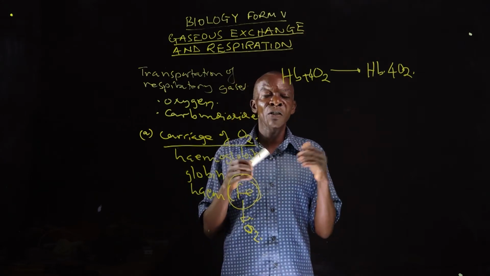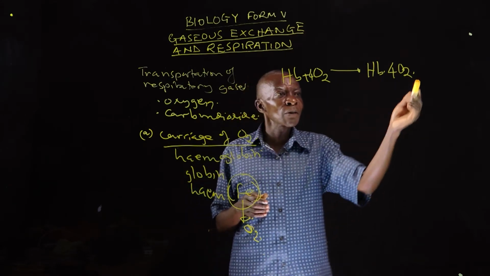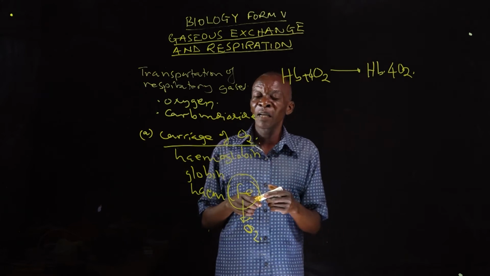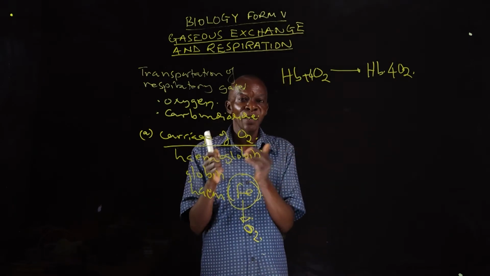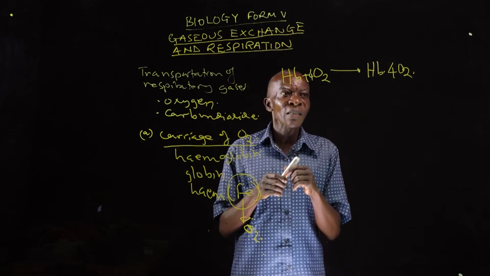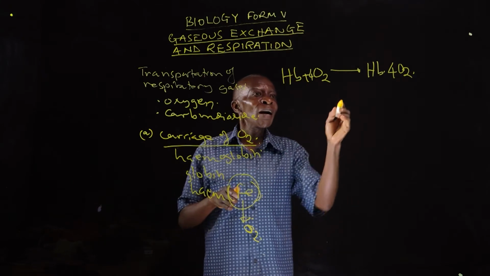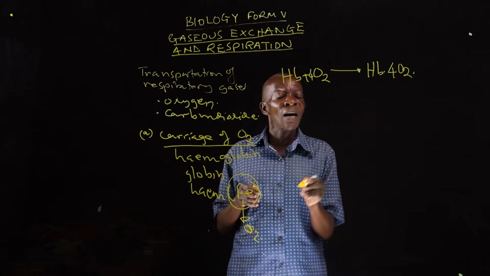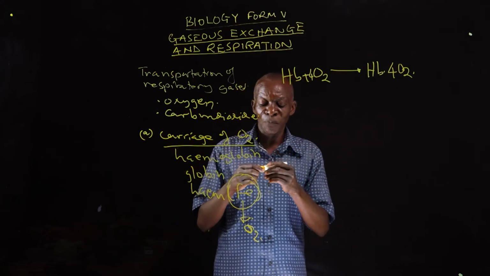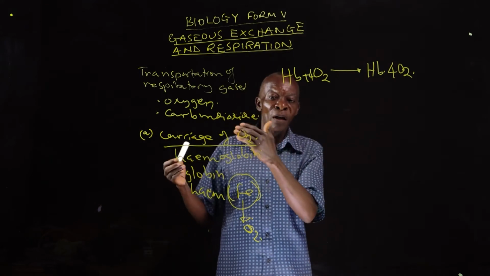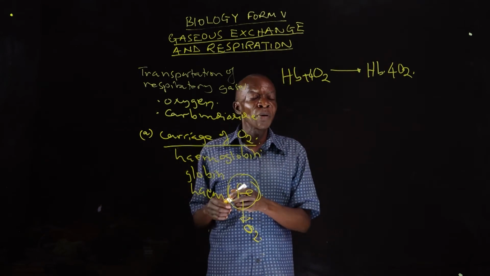It is purely a physical process, and therefore the formed compound is very intermediate and liable to dissociate when need be, so that oxygen is transported into areas where it has to be utilized.